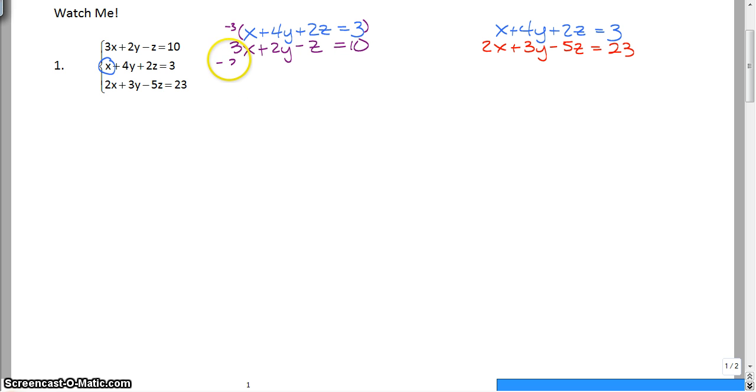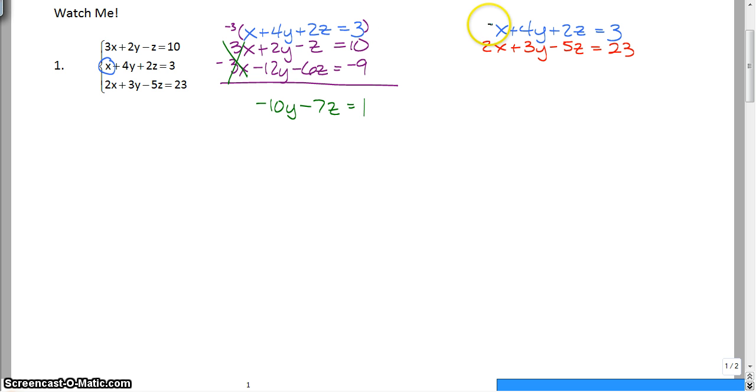So this is going to become a negative 3x minus 12y minus 6z is equal to a negative 9. And what's going to happen is our x's go away like we planned, and then 2 minus 12 is a negative 10y, negative z and minus 6z is negative 7z, and 10 minus 9 is 1. So we eliminated x from this side.